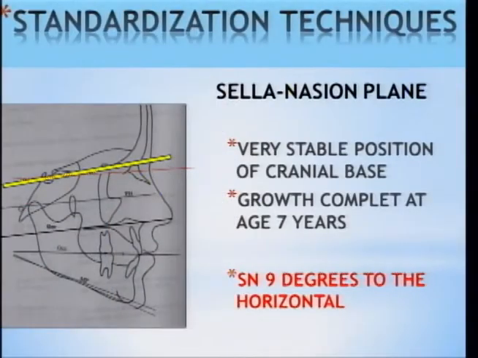And this one is pretty stable because the cranial base finishes growth at 7. And what they figured out was that if you draw a horizontal at 9 degrees, that would standardize your angles. But what happened also with this was that sometimes the Nasion point here would be higher or lower, and the degrees could be much higher.